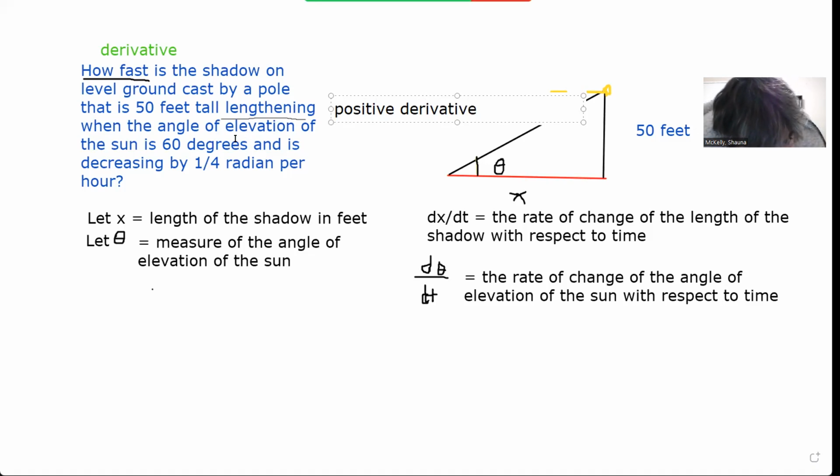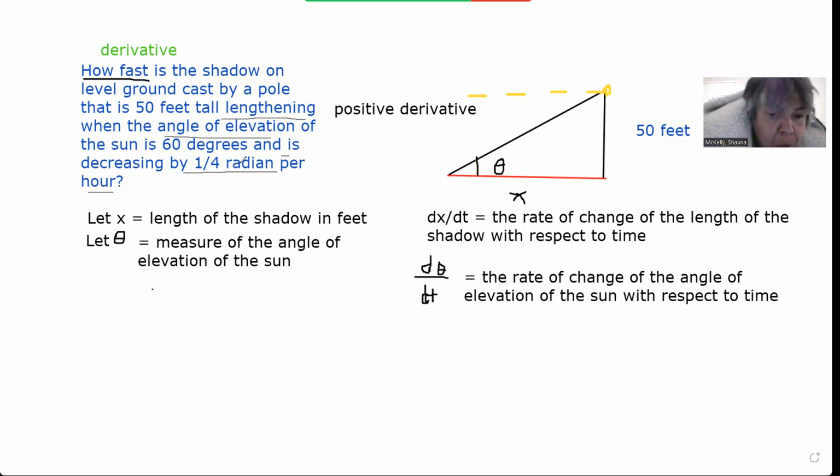When the angle of elevation of the sun is 60 degrees and is decreasing, the angle of elevation of the sun is decreasing by 1/4 radian per hour.